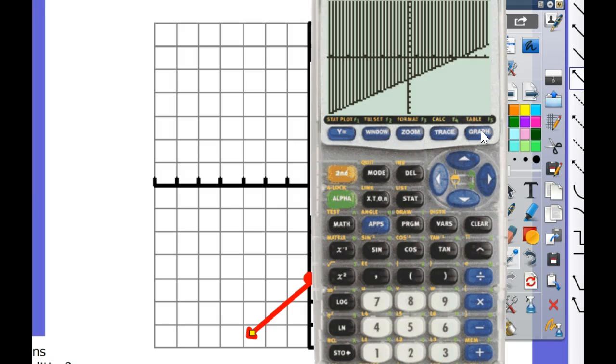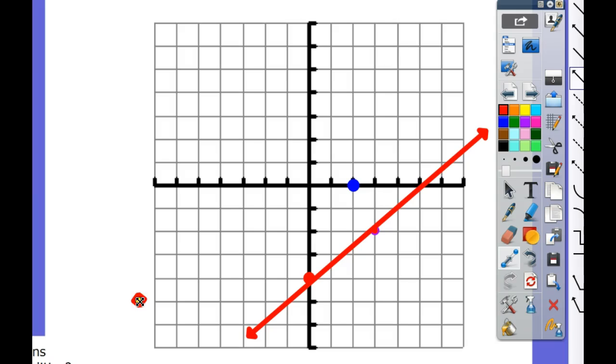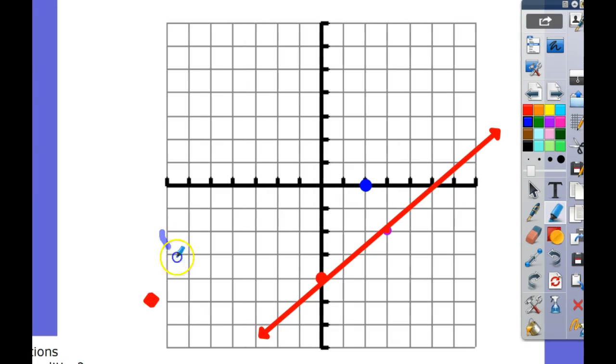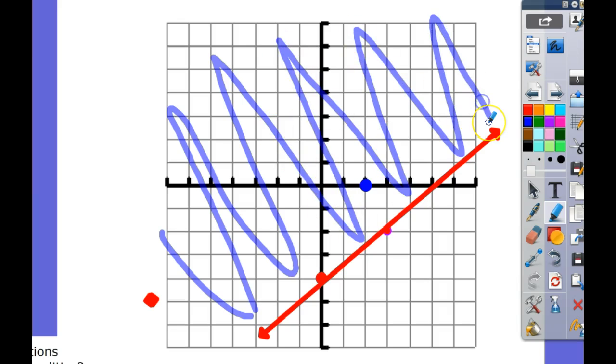Okay. And so you need to arrow until you get the triangle that looks like that. So over here on my graph, this is the part that the calculator shaded in.